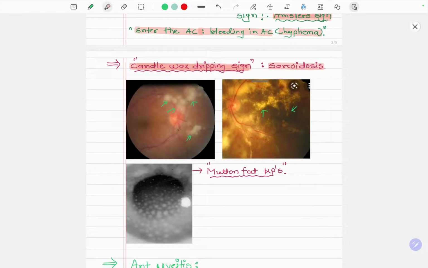The next one is mutton fat keratic precipitates. Sarcoidosis is a granulomatous disease, so it causes granulomatous uveitis. I have told you before also that mutton fat KPs are seen in granulomatous uveitis, and one example of it is sarcoidosis.